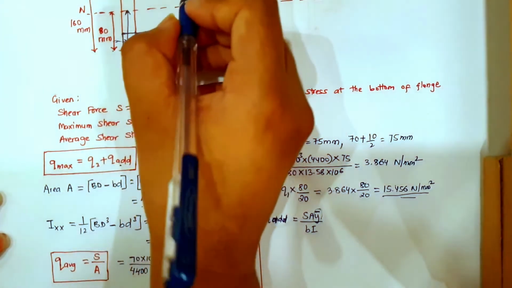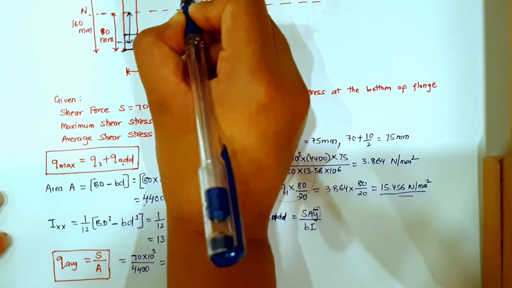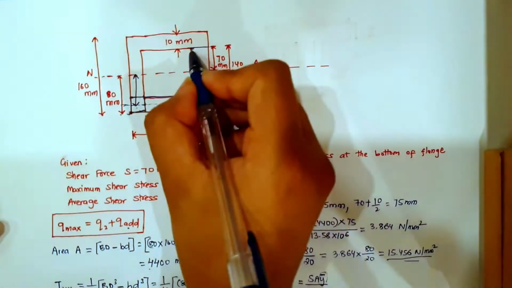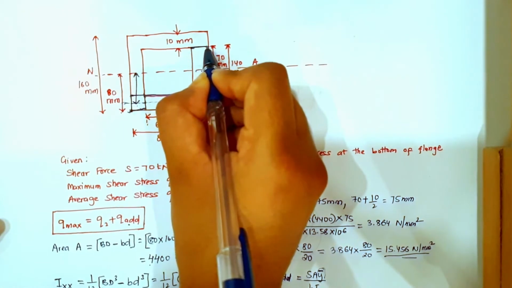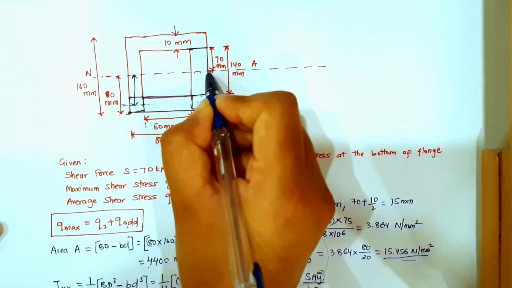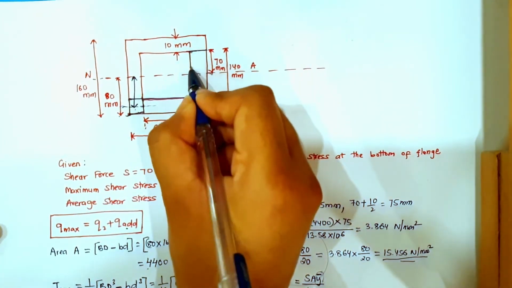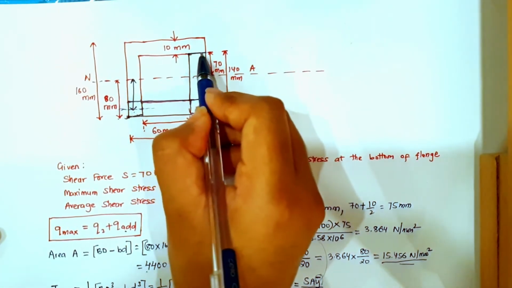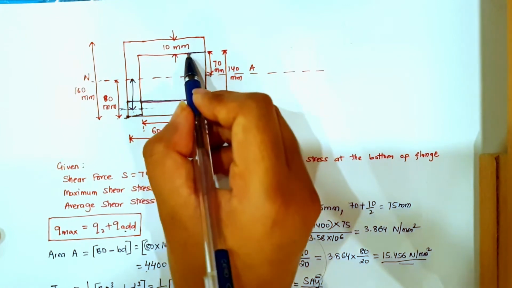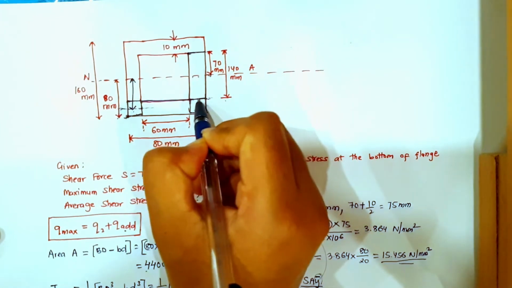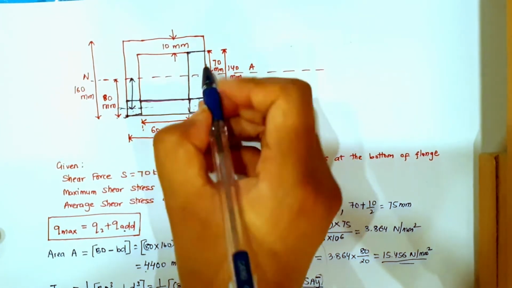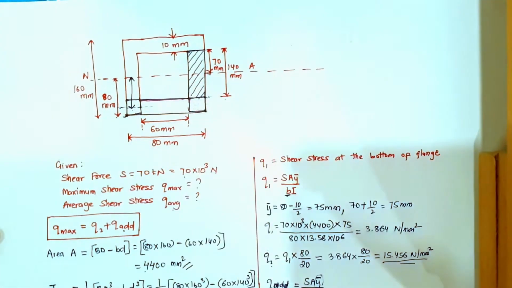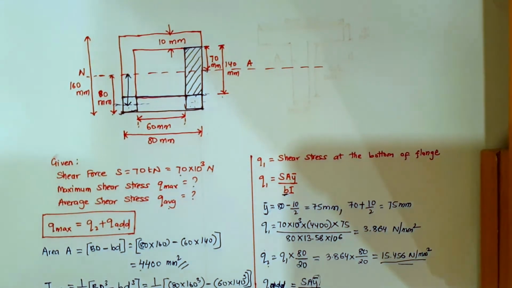Now which web area will we consider? We will consider this portion here, from here to here, we consider it as the web. From the height of the inner rectangle, from here to here, this will be the web portion. We'll consider this much.